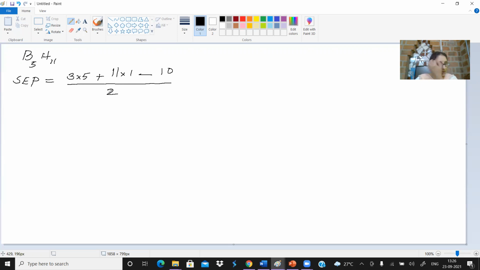When you subtract the electrons required for the B-H bonds from the total number of valence electrons, you get the number of skeletal electrons, or the framework electrons, and that divided by 2 will give you the skeletal electron pairs. So this is 15 plus 11, 26 minus 10, 16 by 2, that is equal to 8. So the number of skeletal electron pairs is 8.